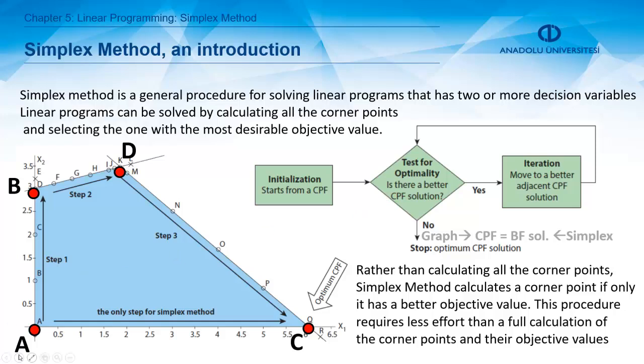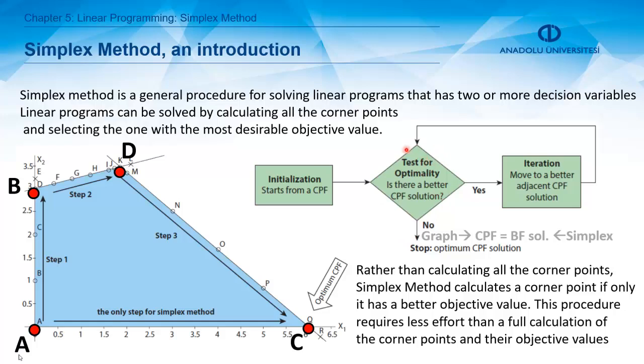A corner point, let's say here A, has neighbor corner points, corner points B and C. These are called adjacent corner points. If a corner point, here it is A, has an adjacent corner point that has a higher objective value, then it is not optimal.